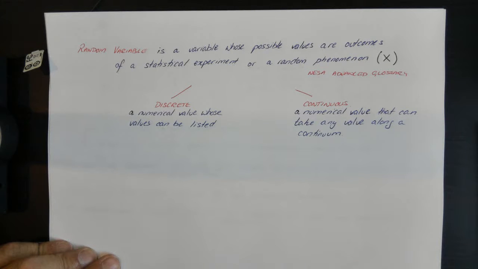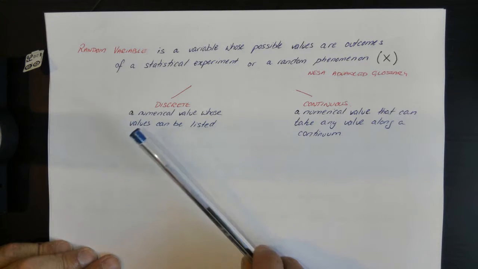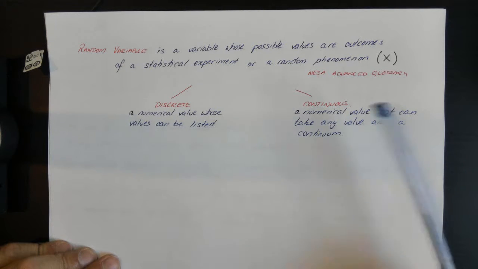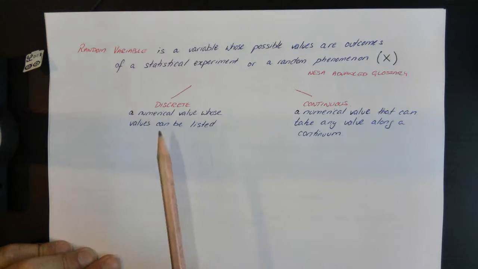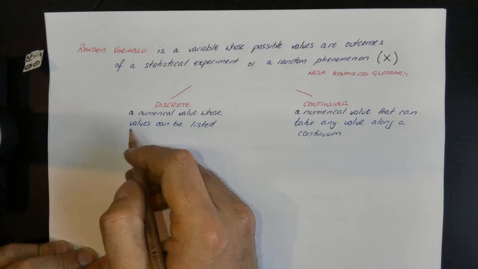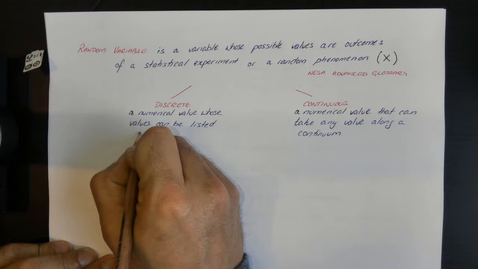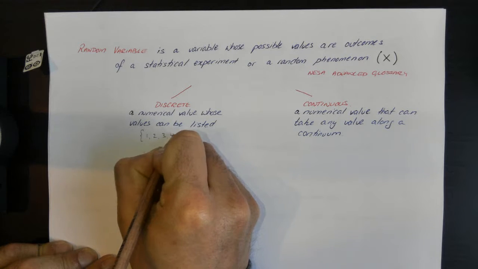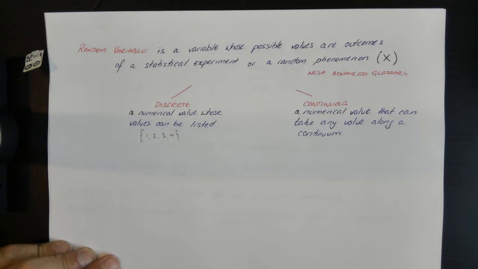Usually it's denoted by a capital X. There are two different types. There's discrete, where it's a numerical value which can be listed, such as 1, 2, 3, and 4.